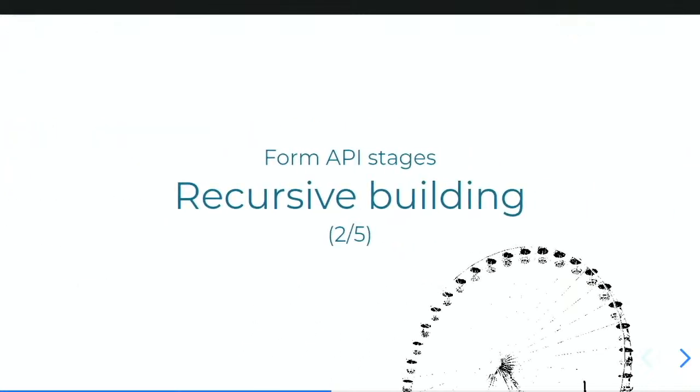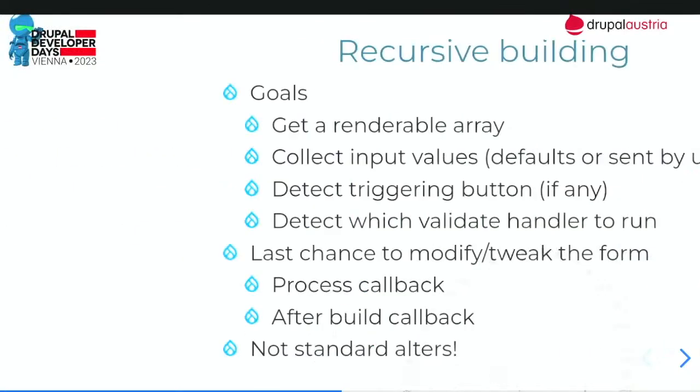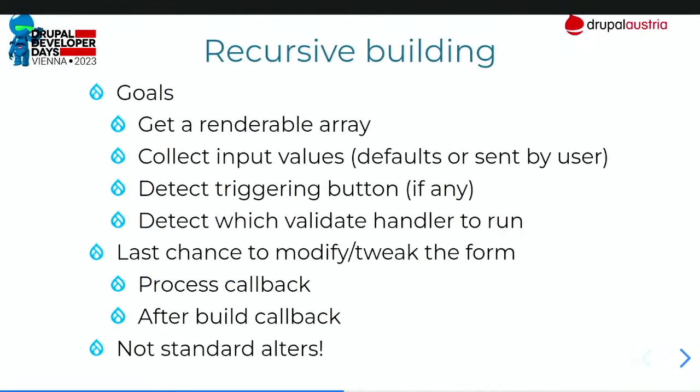Then we have the recursive building. What are the goals of the recursive building? Well, get a renderable array. So we transform the form array into a renderable array that can be rendered by the Drupal render system. Also, collect the input values from the user or the default values, because when we build the form for the first time, we need to put some values on some fields, and this is done here.